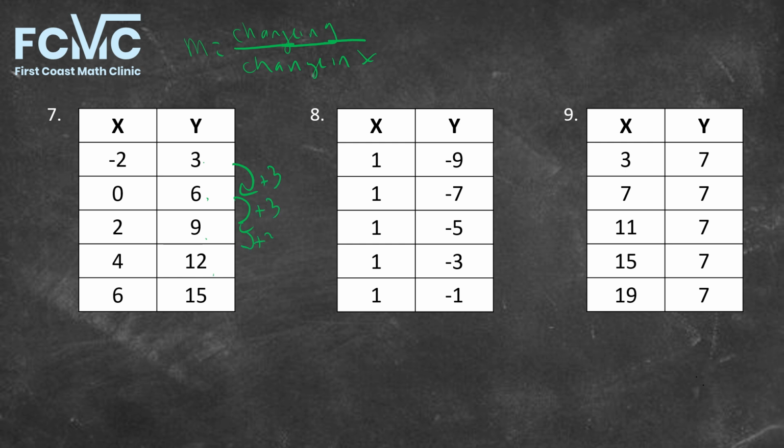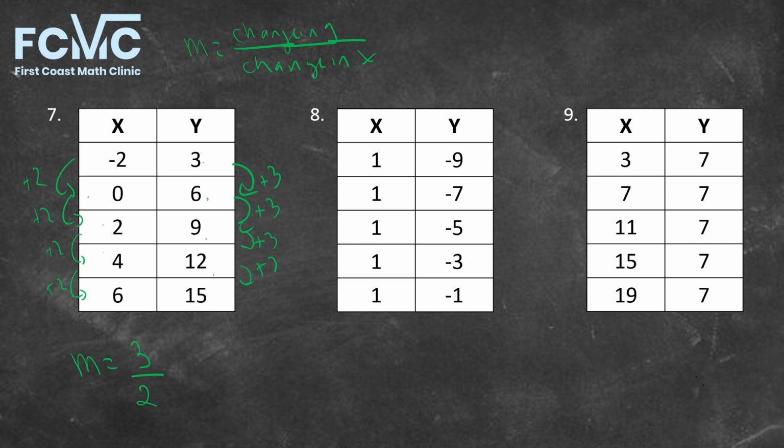We're adding 3 to these values. What about for x? Going negative 2, 0, 2, 4, 6. So we're adding 2. So our slope, change in y over change in x, is going to be 3 over 2.